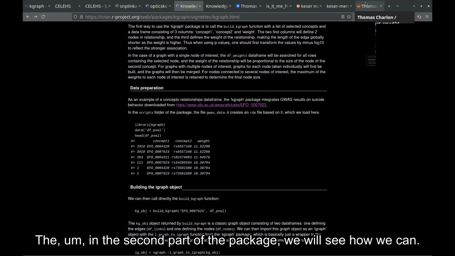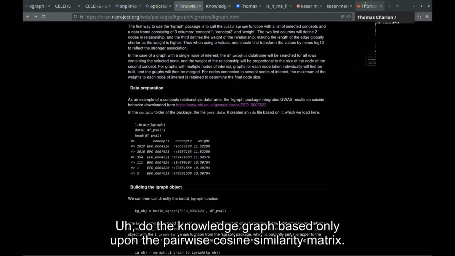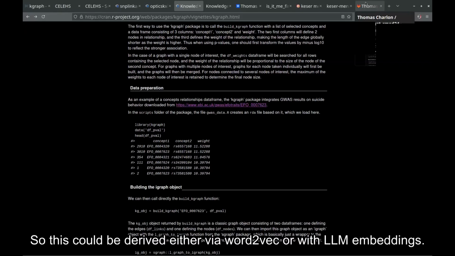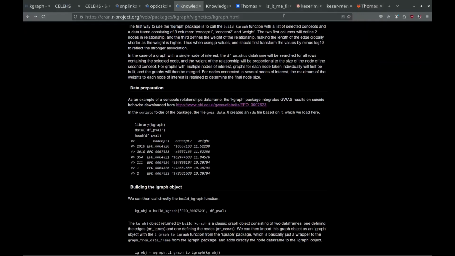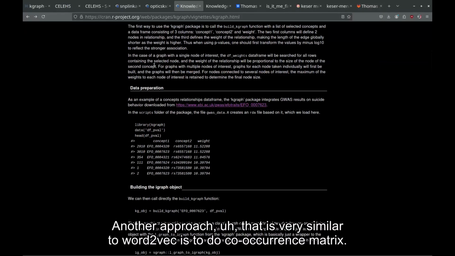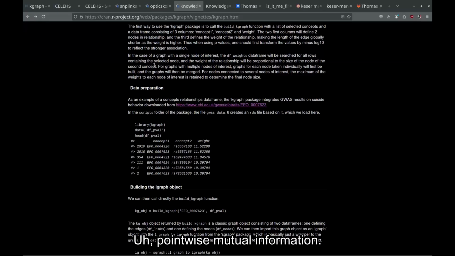In the second part of the package, we will see how we can do the knowledge graph based only upon the pairwise cosine similarity matrix. So this could be derived either via Word2Vec or with LLM embeddings. And another approach that is very similar to Word2Vec is to do co-occurrence matrix, point-wise mutual information, and singular value decomposition.